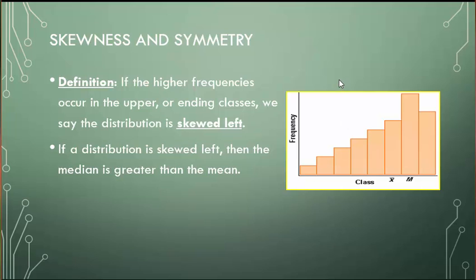If a distribution is skewed to the left, in that case the median is bigger than the mean. Take a look here, I've plotted the mean and the median on this histogram, and here's the mean. The median is to the right of that, so it must be the bigger number. Again, the skewness is determined by where the graph tails off and not where the bulk of the data is.